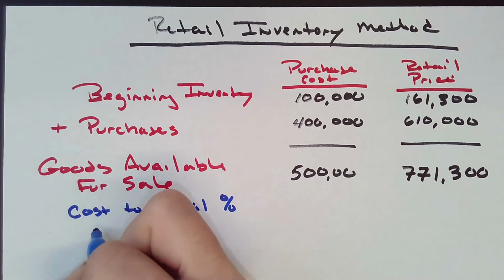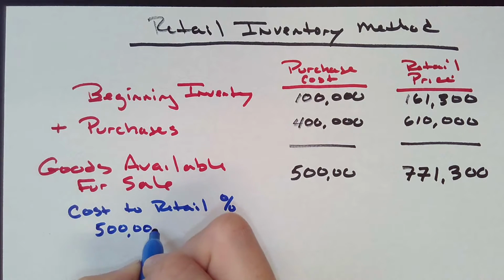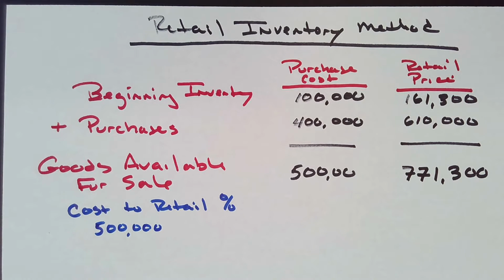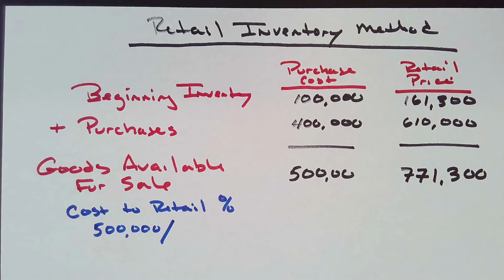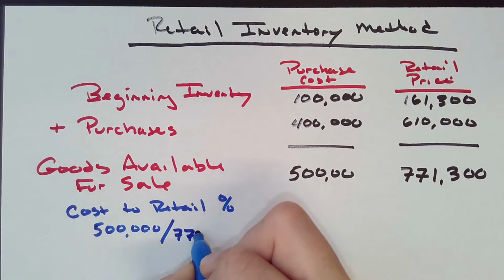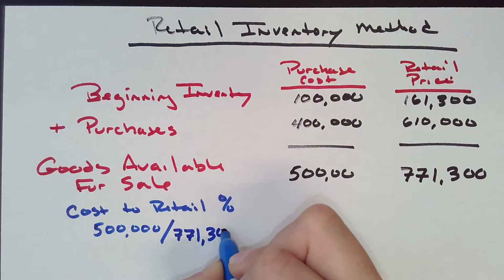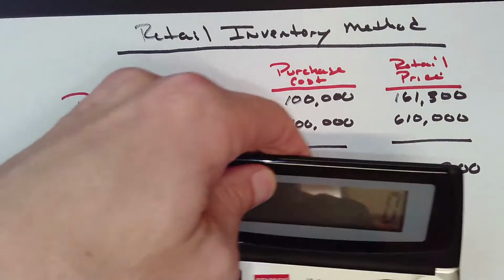So I'm going to look at my 500,000 over my retail selling price, or 771,300. I'm going to figure out what that percentage is, right? So let's do that. Let me get my calculator here, which we always love to see, Charlie's calculator. And we're going to do that calculation.